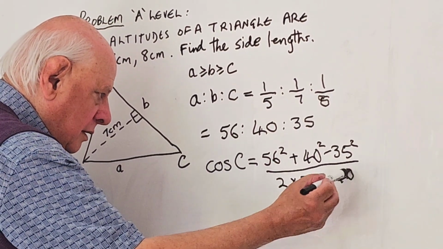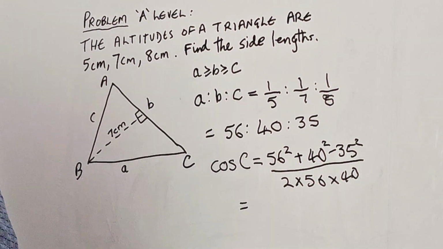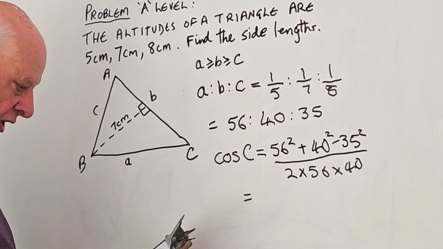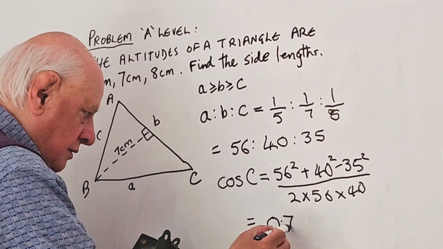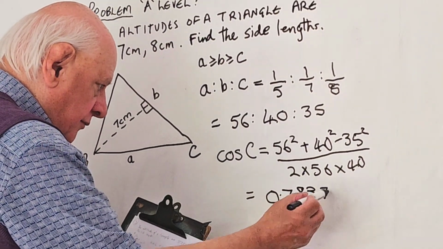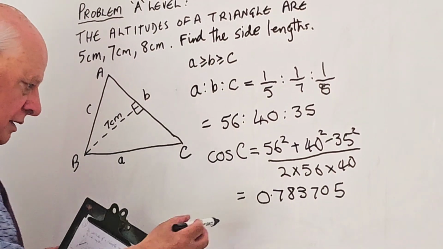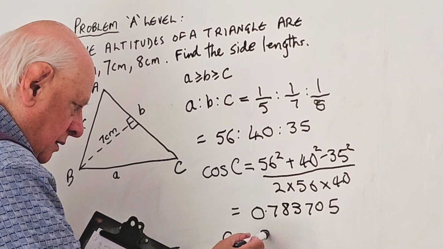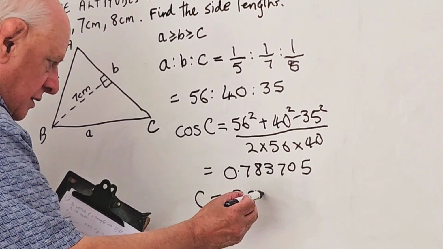And if I can just consult my little bit of paperwork here, that works out to 0.7833705, and with the use of a calculator that gives me the size of the angle C as 38.399 degrees.